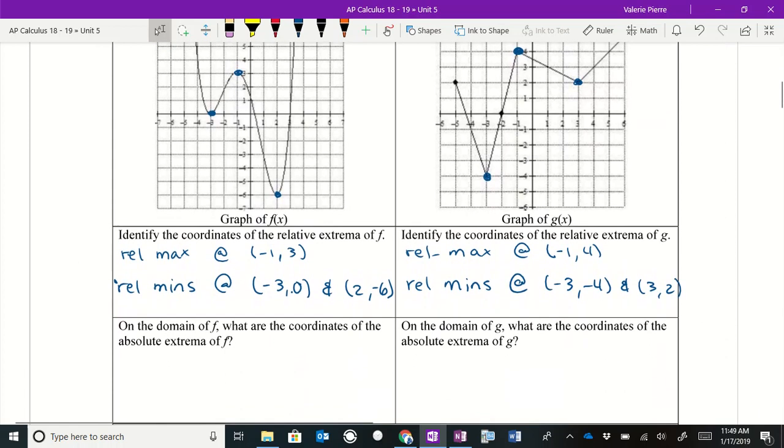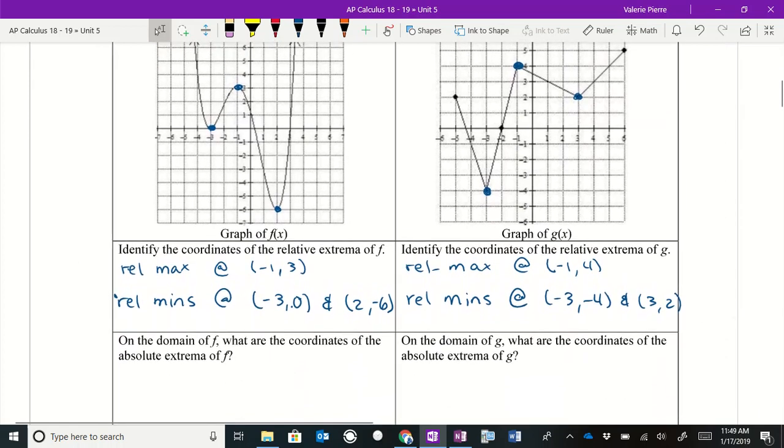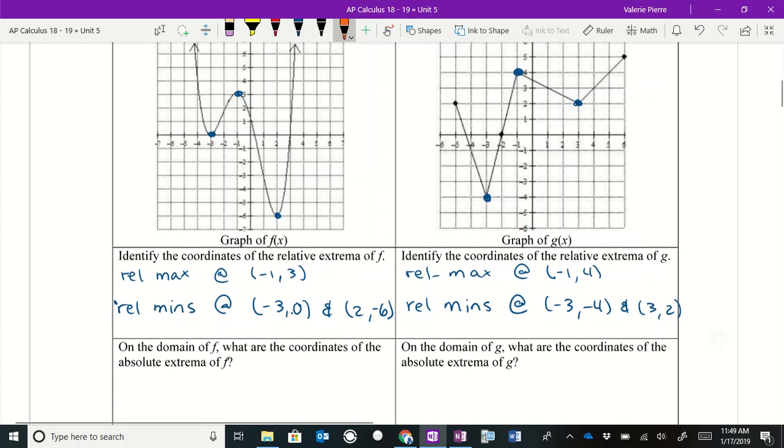So now our question is, on this domain of f, what are the coordinates of absolute extrema of f? So absolute means the highest point and the lowest point, right? So absolute max will be the highest point that this graph can go for f of x.